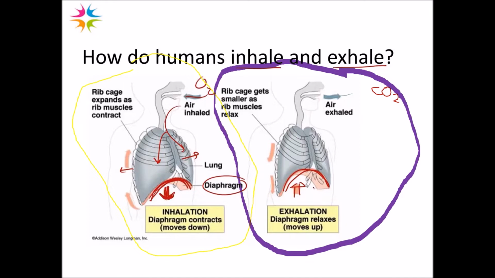The diaphragm relaxes and it moves up. The volume inside your chest decreases and the pressure inside your chest increases. This pushes air out of your lungs. So you need to remember this for some questions that are coming up.